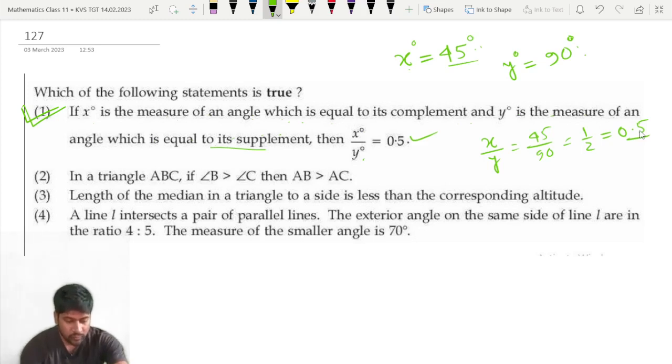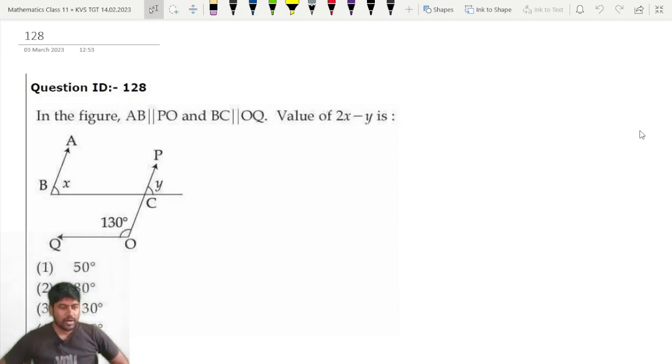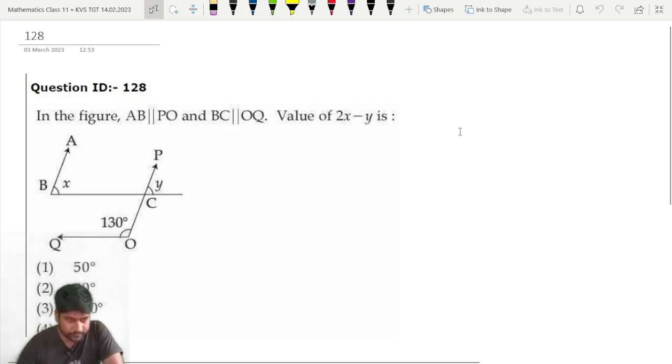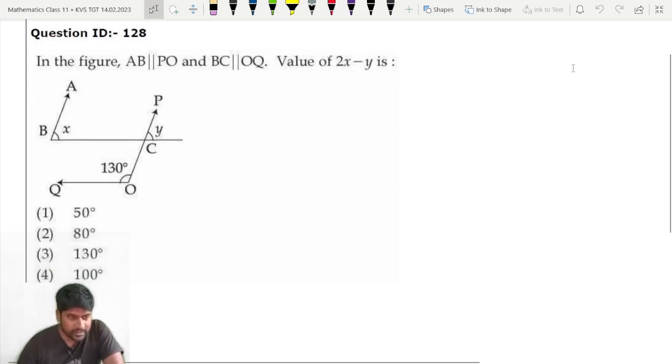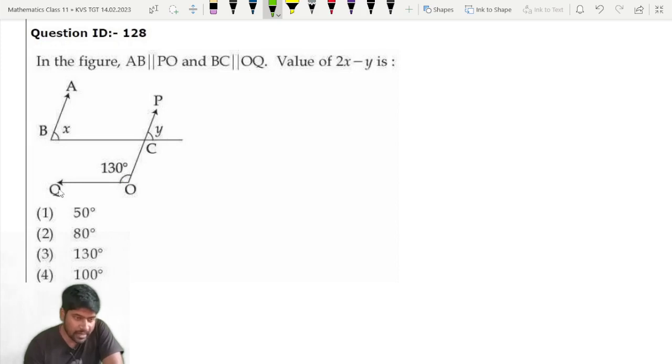So now let's move to the next question. Question number 128. So in the figure, what they have told, AB is parallel to PO, and BC is parallel to OQ. Then find the value of 2x minus y. Now whenever AB is parallel to PO, then these angles x and y are the corresponding angles.